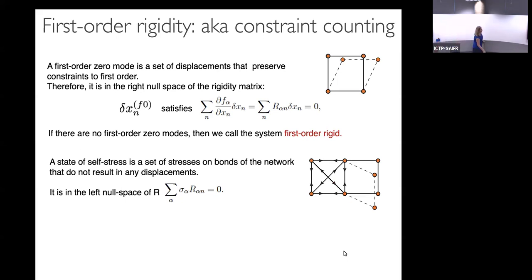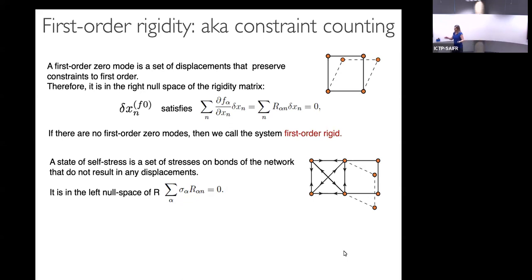And if I put an extra set of constraints on my system, so you see how this thing is over constrained, I have extra constraints on it. You can then basically have a set of stresses on the bonds. If you think about it for a second, that's basically a set of forces or stresses on the bonds that don't affect the location of the constraints. That's something that's in the left null space of this rigidity matrix. Cool so far?